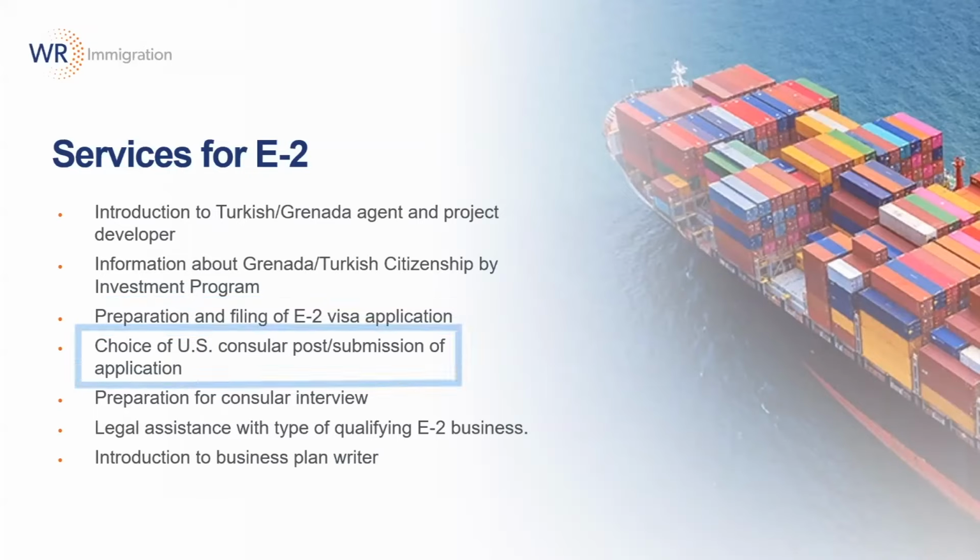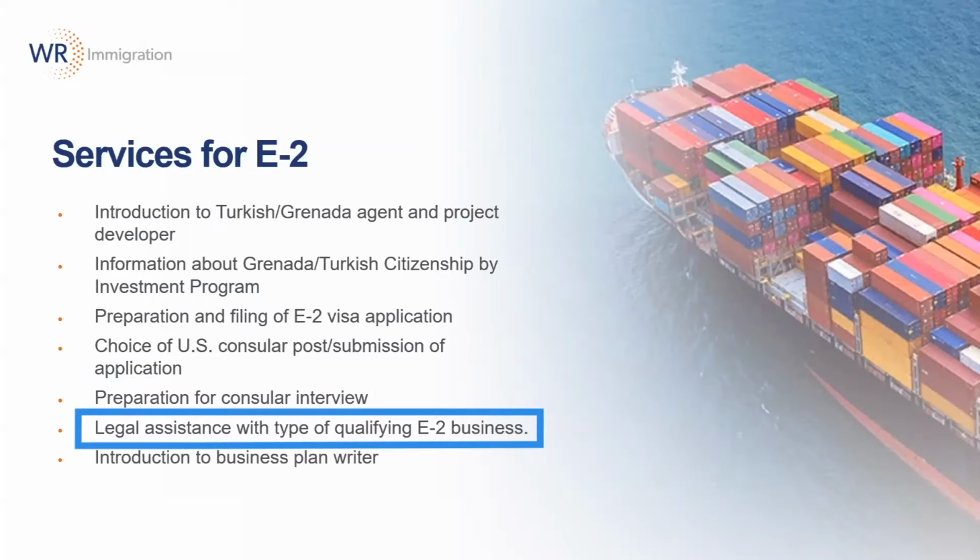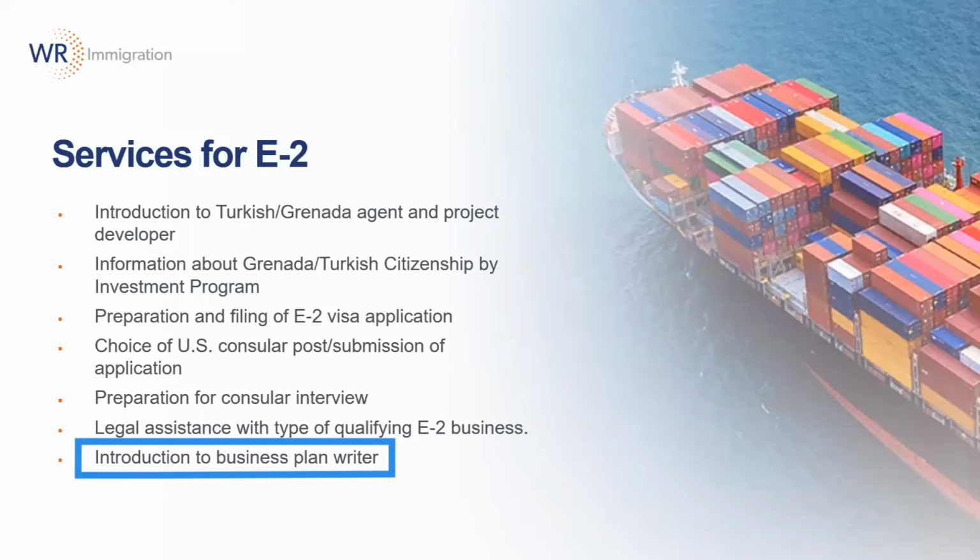We will discuss with you choice of consulate, prepare you for the consulate interview, make sure you have all the documents, and we will introduce you to a business plan writer, which you do need. If you choose a franchise lawyer, I work with Patrick's referral on that, because that person is pretty good.